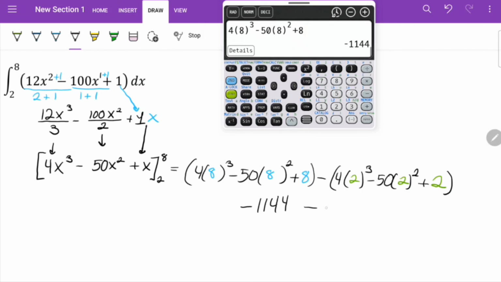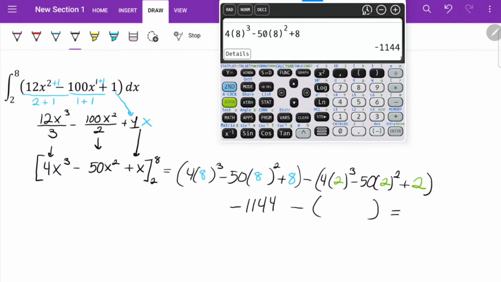That's going to be minus, keep this in parentheses when we do it. And let's replace our 8 with 2s. So delete that, put a 2 here. Delete that, put a 2 here. And remember to delete that part as well and put a 2 here.